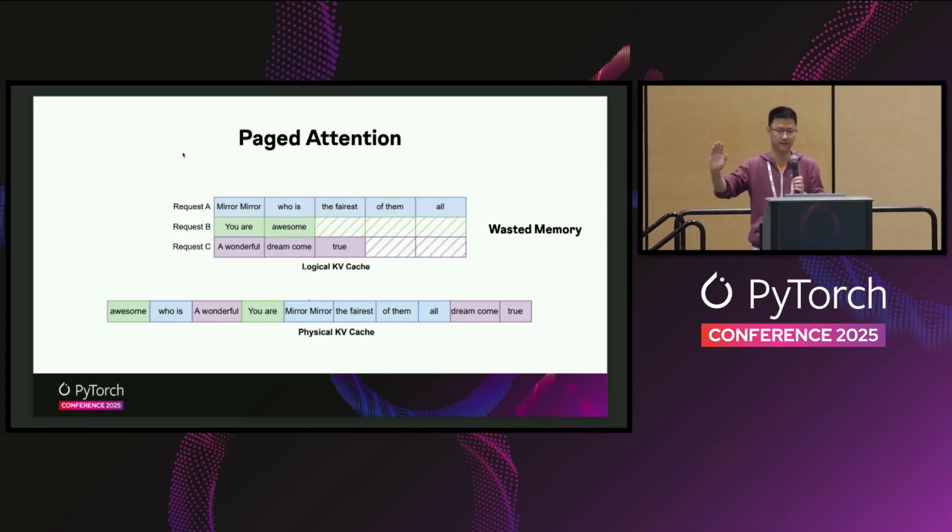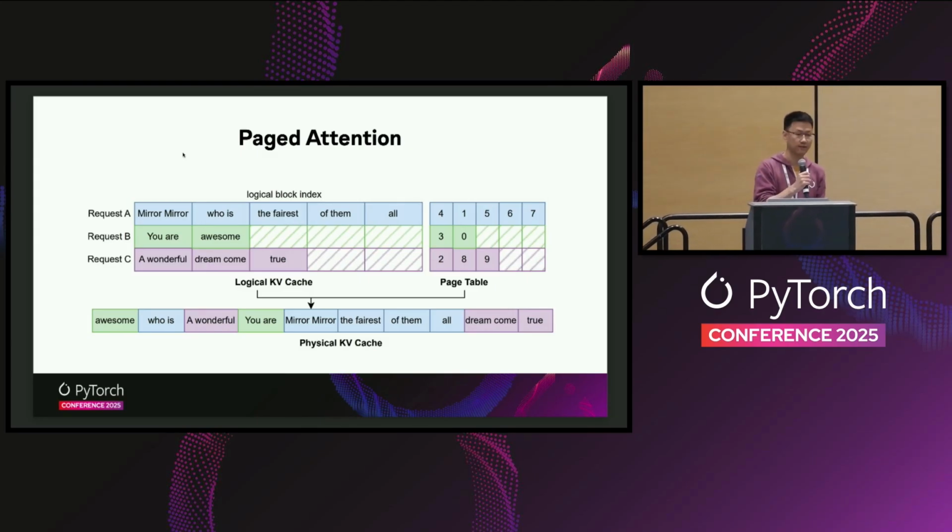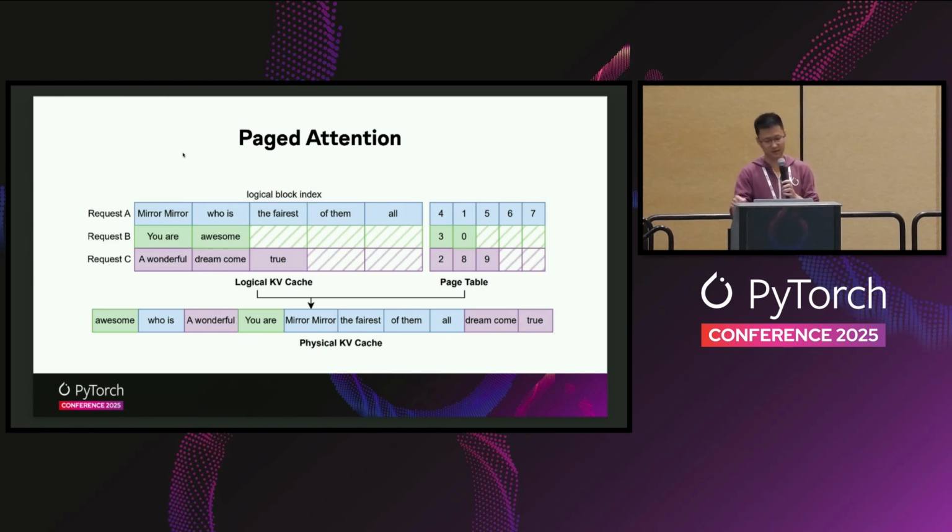So we don't have this wasted memory, and we can support a much larger batch size. And in order to map this logical KV cache to the physical KV cache, we have the page table to say, oh, let's say for request A, the first chunk is mapped to the fourth chunk in the physical KV cache, etc. That's a page table.